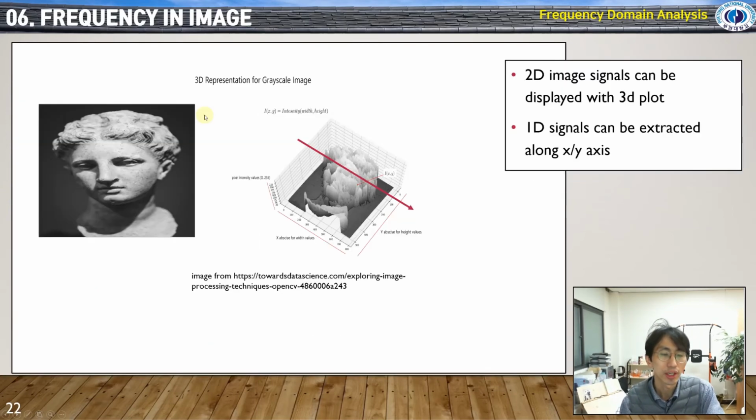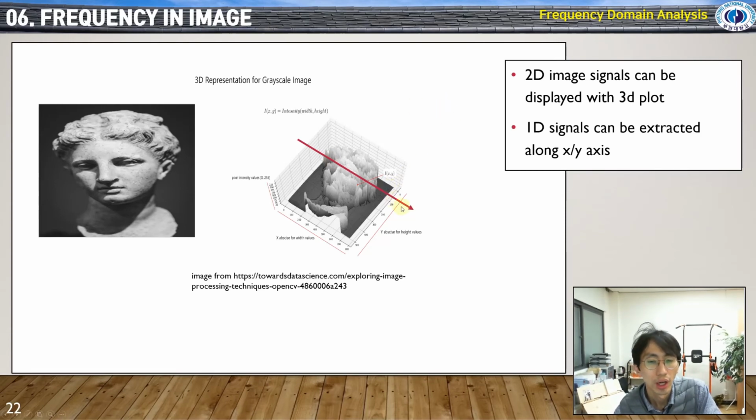Then if there is an image on a 2D surface, this is the original image, and if we draw this image into the 3D axis, then you will get this image. This is a 3D signal, isn't it? A 3D surface signal. So it is very difficult to analyze it.